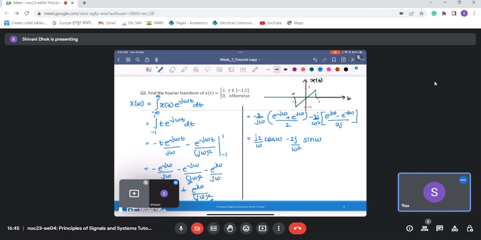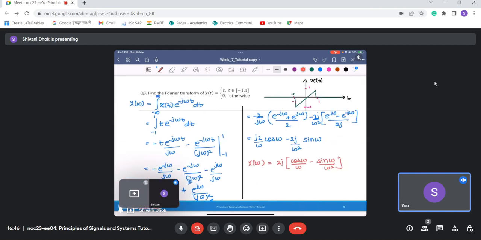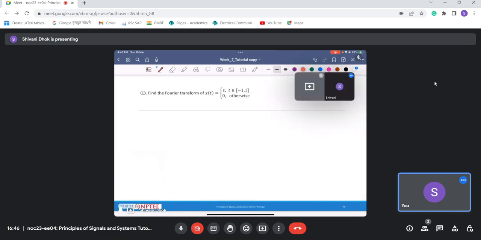Now let us look at the signal that we had in the previous question. Before that, I'll just summarize this as X(ω) is equal to 2j common, inside the bracket cos ω upon ω minus sin ω upon ω². Now look at the signal that we had here and compare the signal with this. For that, let me just add one page.